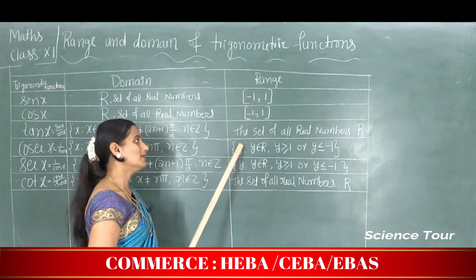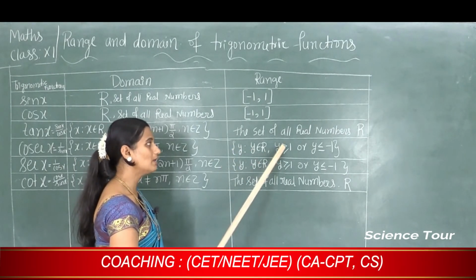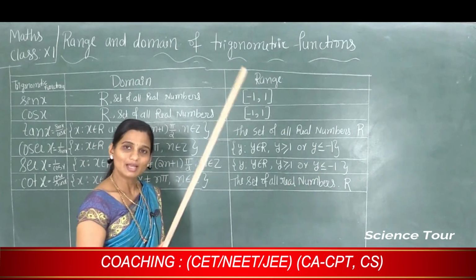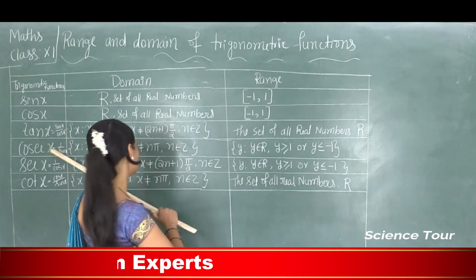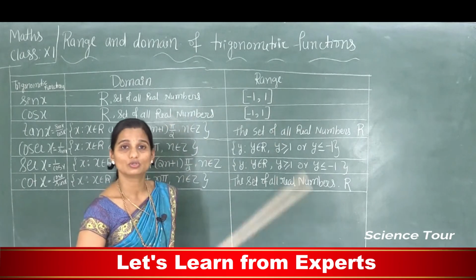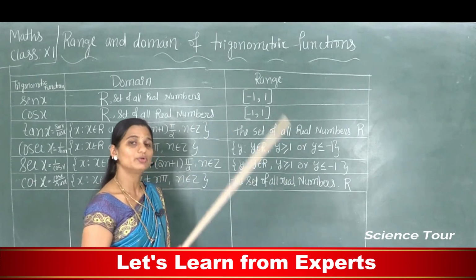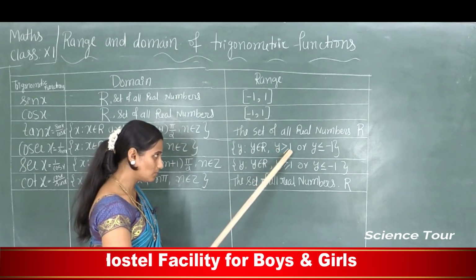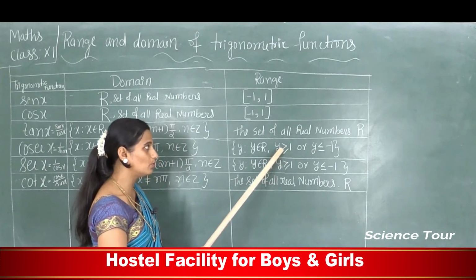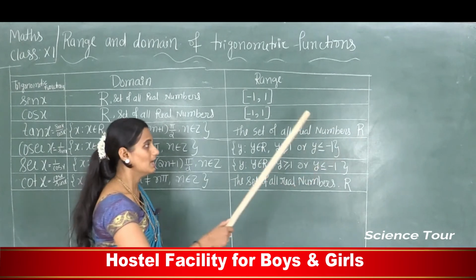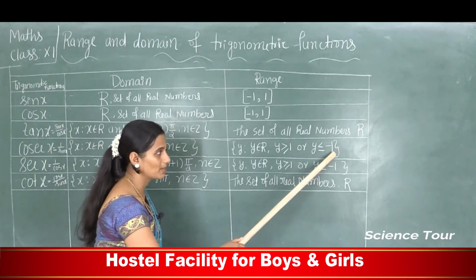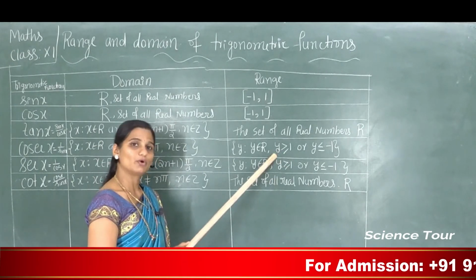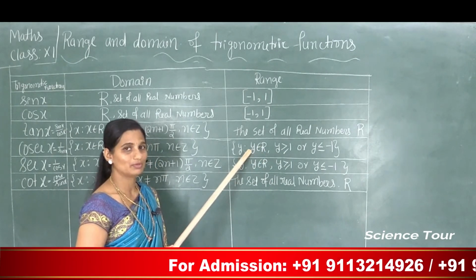And the range is y such that y belongs to R, y is greater than or equal to 1 or y is less than or equal to -1. Whatever angle you substitute for cosecant, you don't get 0, right? We don't get 0.5. So it is always greater than or equal to 1, and less than or equal to -1. So -1, -2, -3, -3.5, -3.6, -4, down to minus infinity you get.